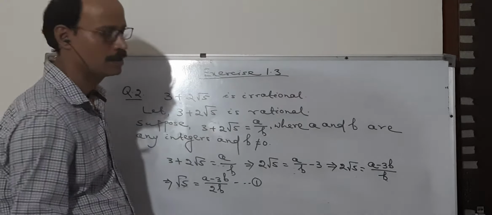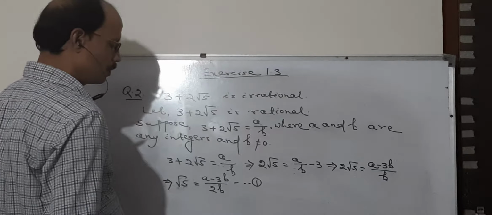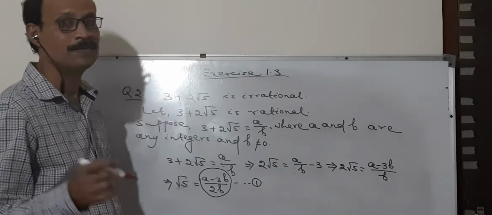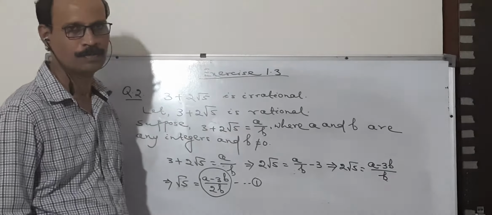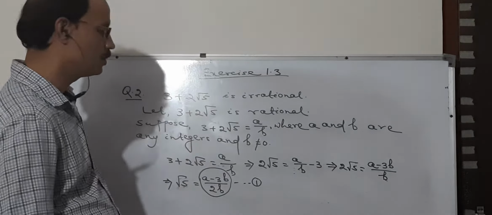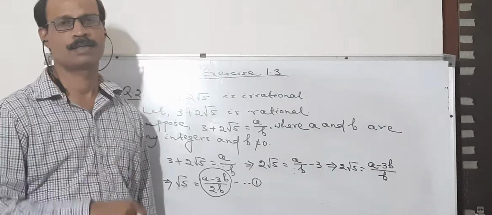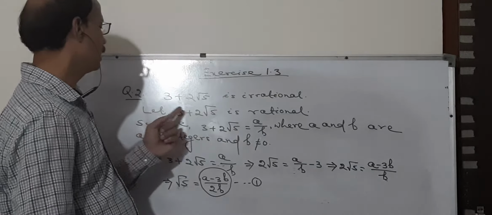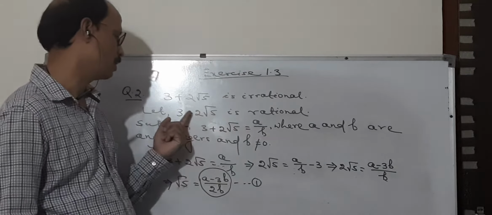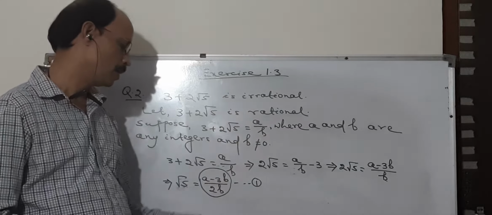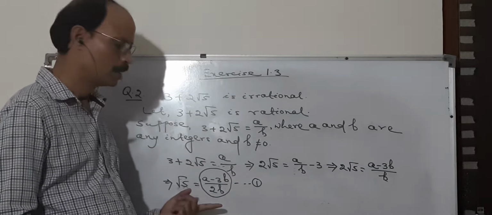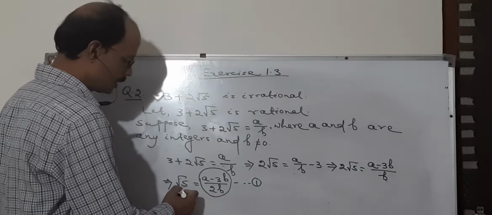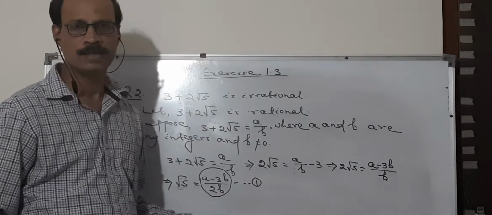So if in place of a and b we put any integers, then this value will be a rational number. But root 5 is what? It is an irrational number. So it means whatever we assumed, that 3 plus 2 root 5 is rational, what we found is not possible, because an irrational number cannot be equal to a rational number.